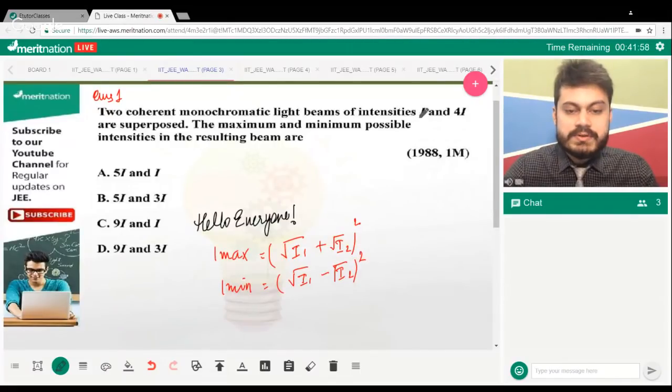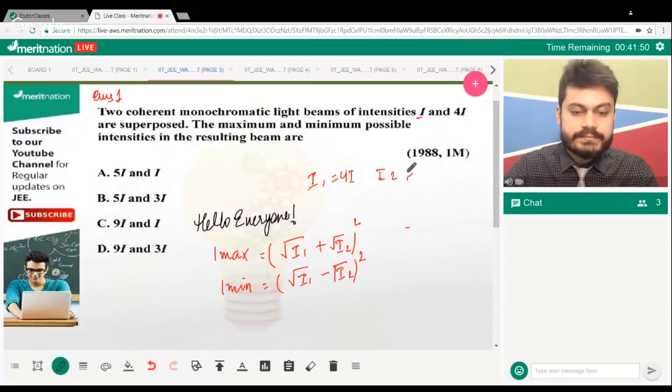So putting the values of I1 as 4i and I2 as I, I just need to put the values. So, root of 4i plus root of I.